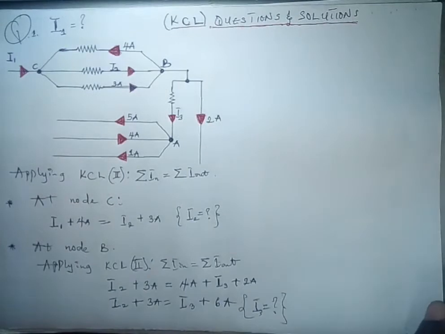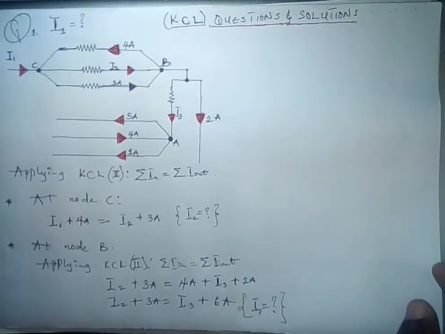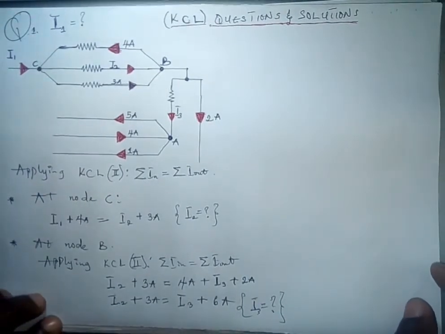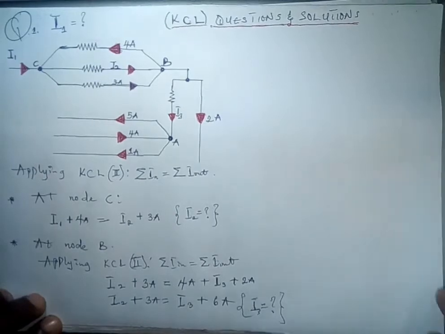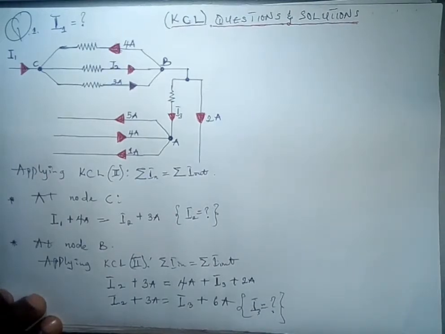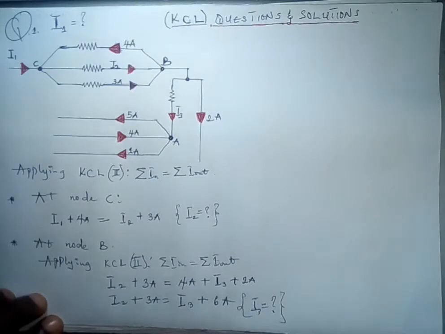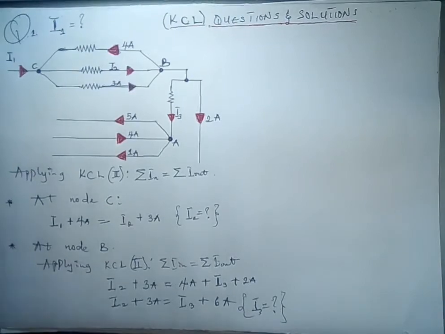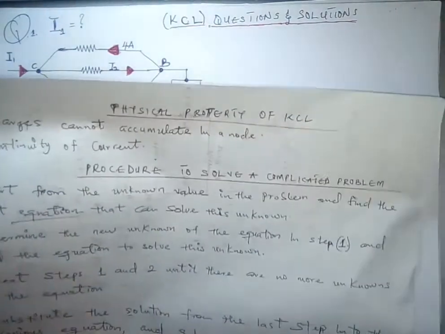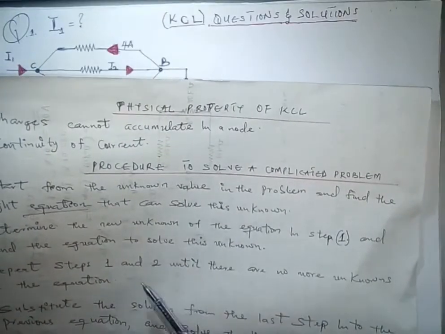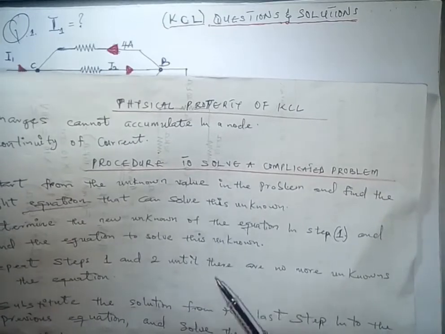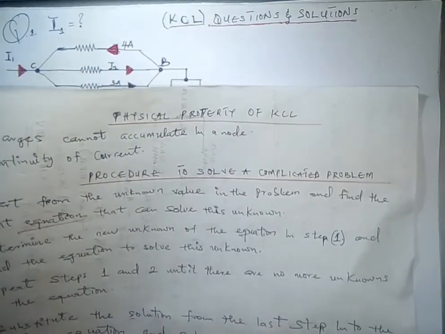I don't want to jump to another page so that we have everything on the same page. So now, apart from I2, we also have another unknown, our I3. So we continue with our equations here. We continue to repeat the method, one after the other, until we finally find the solution to what we are looking for.